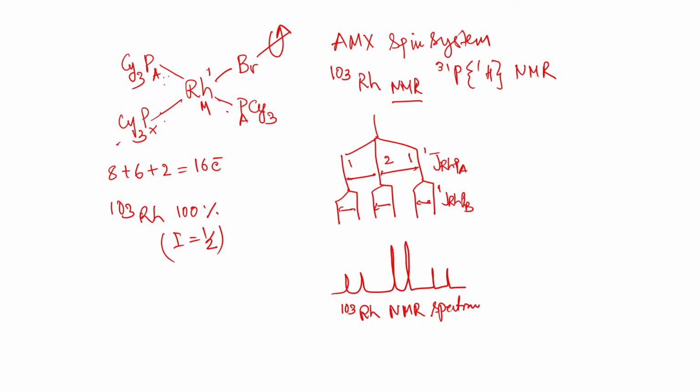Okay, now I will try to explain the 31P NMR spectrum for this molecule. Let me write the structure again here. Remember, this is a square planar complex.